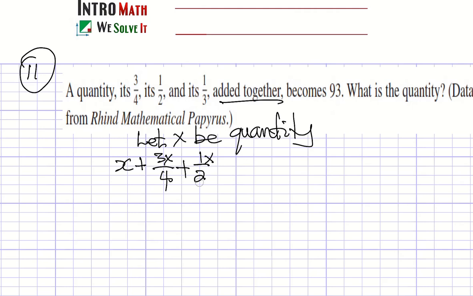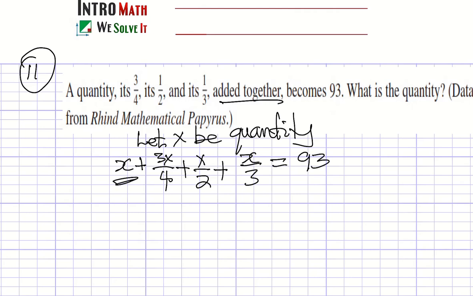Well, I don't want to confuse you. Let's do it the right way. Sorry. That quantity is half, like that, and then that quantity is 1 over 3, like that. All added together is equal to 93.